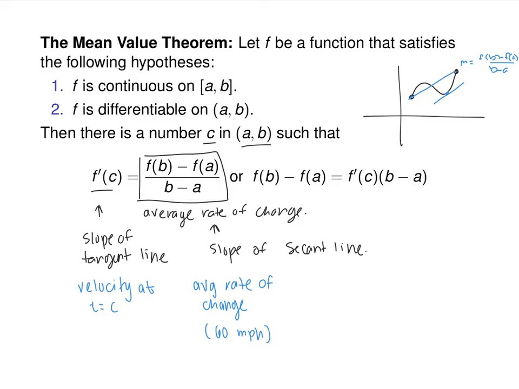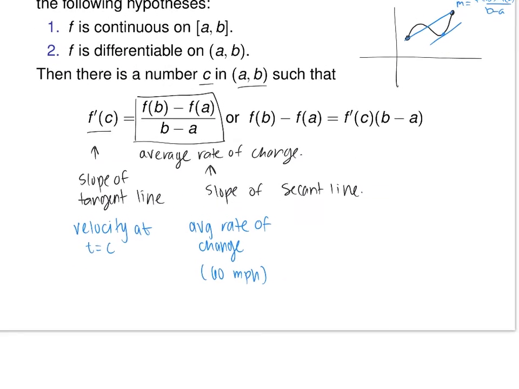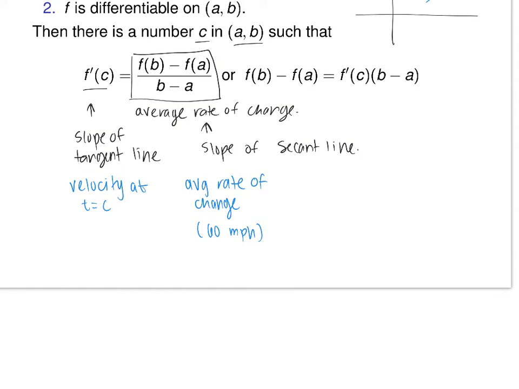Okay. And then the last thing I want to say before we deal with this a little bit is that this is the same as Rolle's Theorem. So add in condition 3.